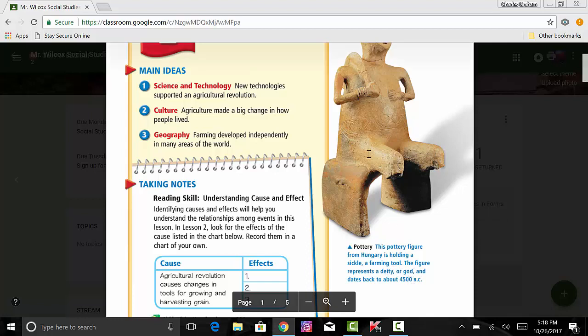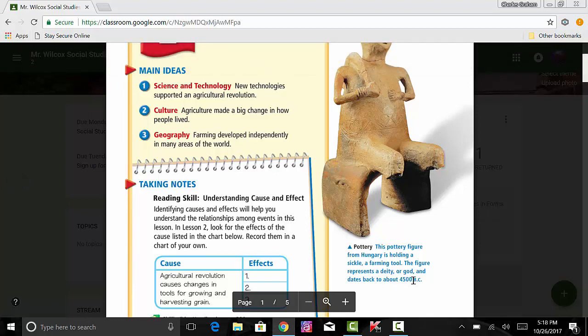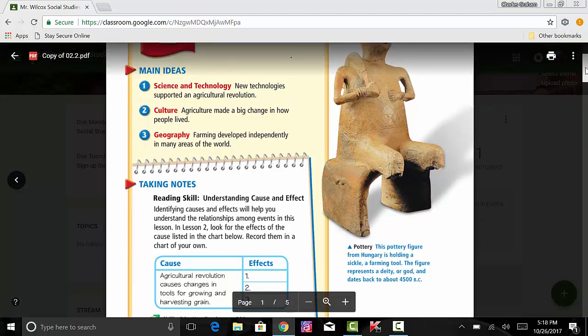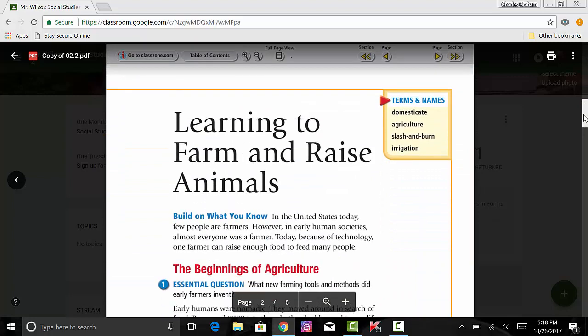So it took 4,500 years to get up to the year 0, counting backwards. And if this is 2017, then this statue is over 6,500 years old. It kind of puts things into perspective when you look at it.